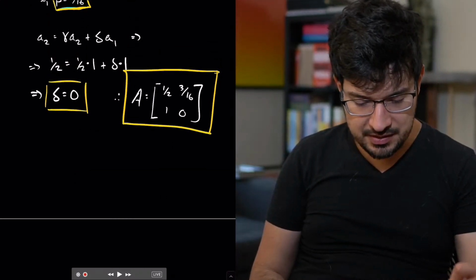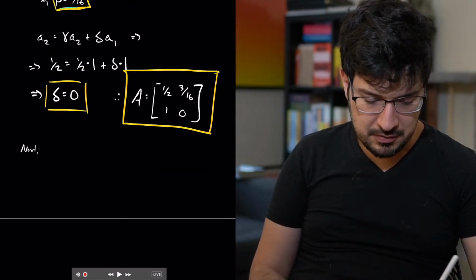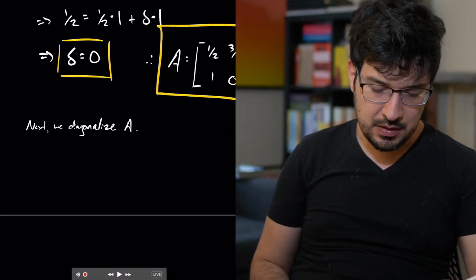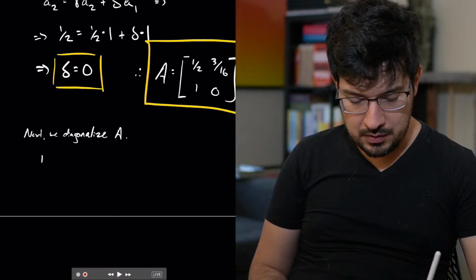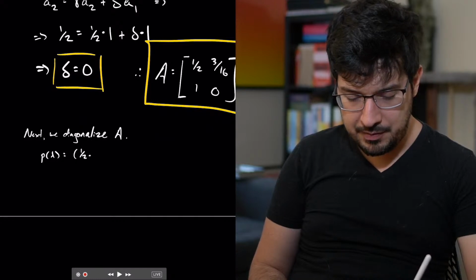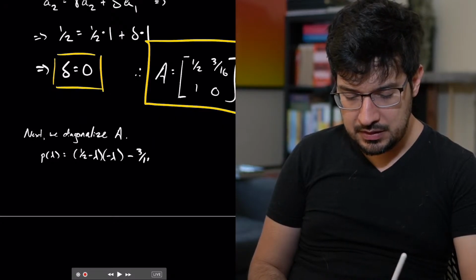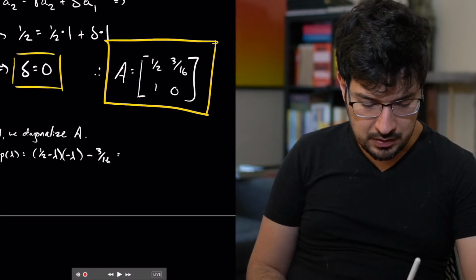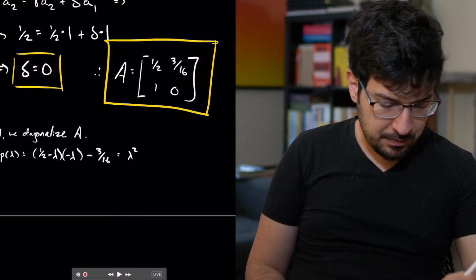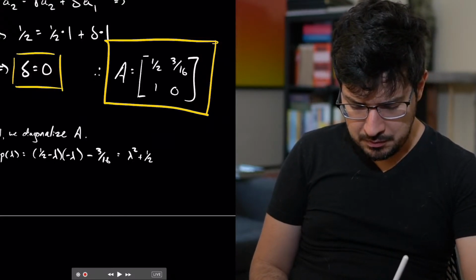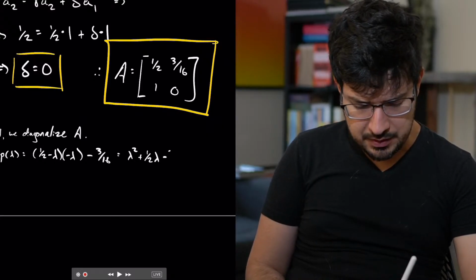Okay, next we can just simplify this as saying next we diagonalize A. So the characteristic polynomial of A is going to be 1/2 minus lambda times negative lambda minus 3/16, which is lambda squared plus a half lambda minus 3/16.